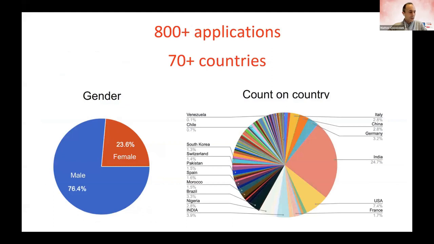Here is some more information about the composition of the attendees of this school. As you can see, we have collected more than 800 applications from more than 70 countries around the world. This is the composition gender-wise, and this is where the attendees come from around the world.